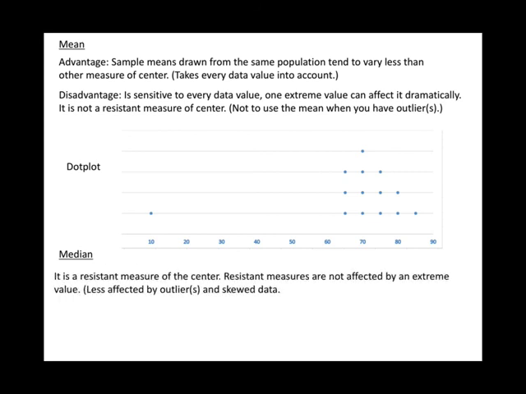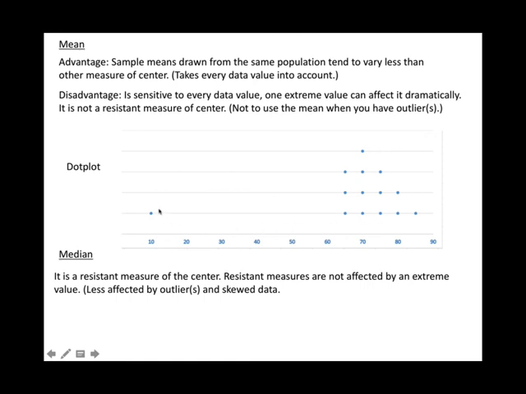And then second one, the median. It is a resistant measure of center. Resistant measures are not affected by an extreme value. This means it is less affected by the outliers and the skewed data. Look at the dot plot again. If I want to find the measure of center, this time I'll be finding the median. Remember how to find the median, right? We're gonna sort the data and then find the middle one.